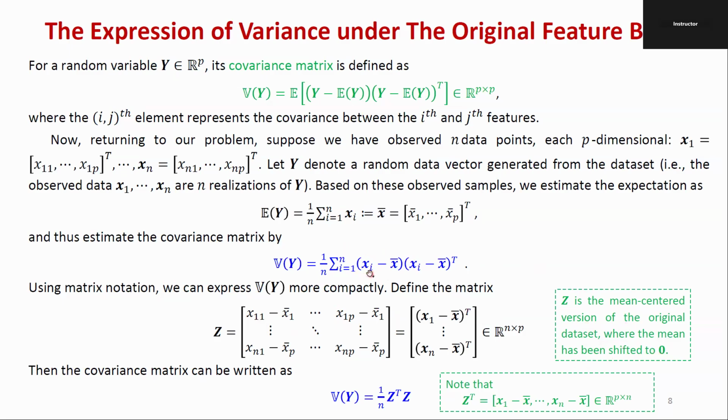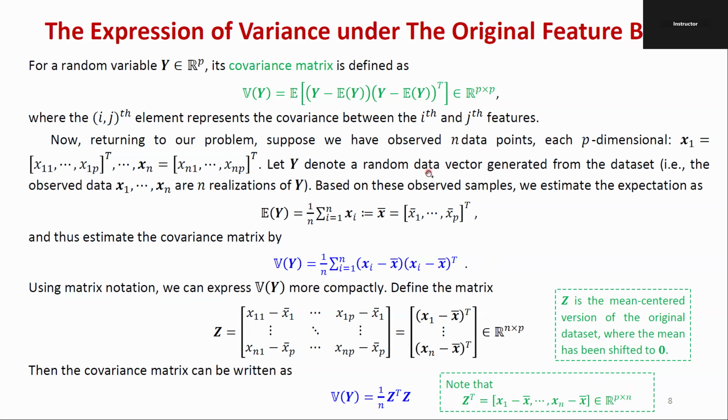Why? Because on each data point, I go from the data itself to the data minus X bar, where X bar is the mean. So it's mean-centered. That's the point. Be careful of the dimensions, however, because I define it this way: Z is N by P, and Z transpose is P by N. I wrote it here. Be careful of the dimension.